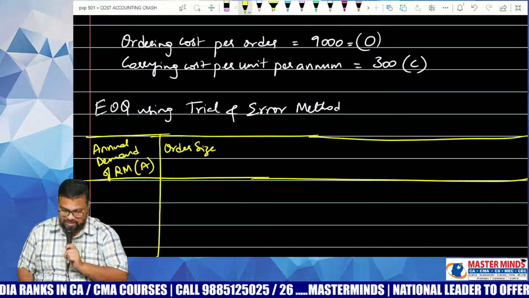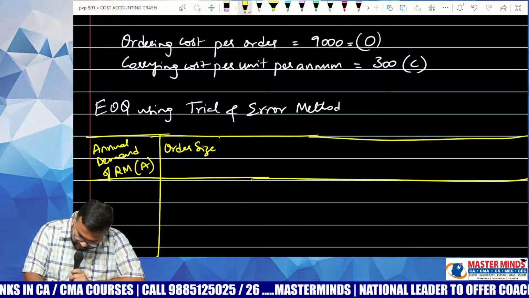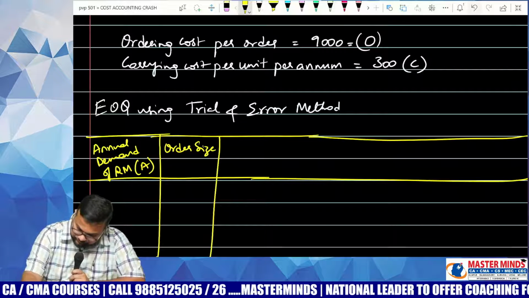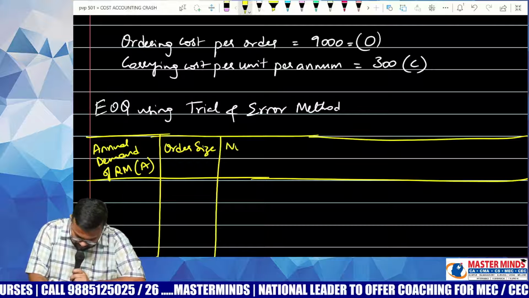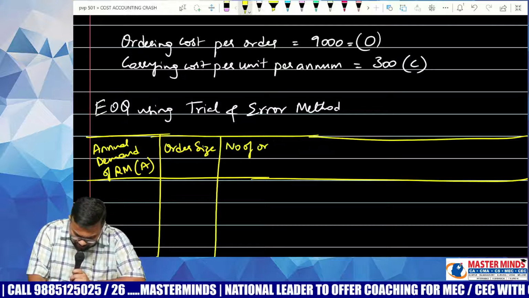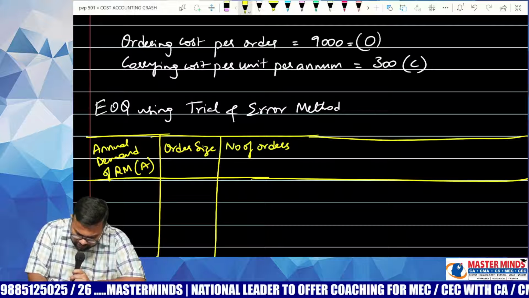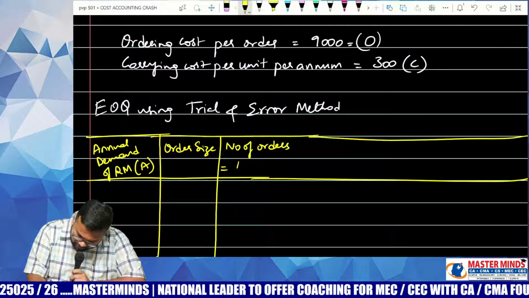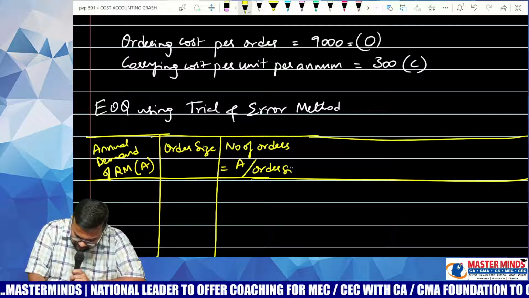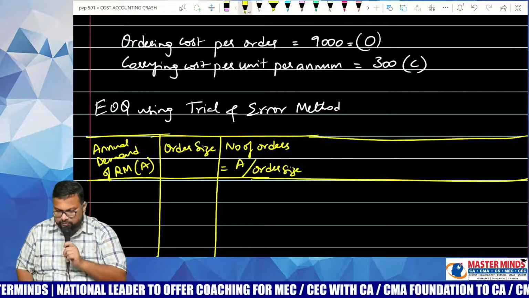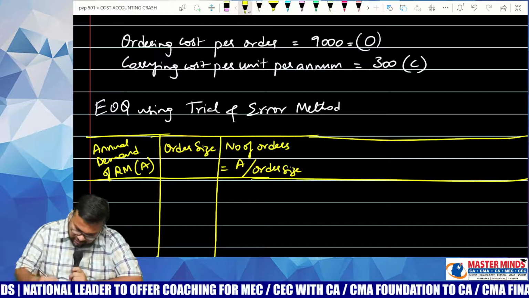Next one will be number of orders. How will you calculate number of orders? It is nothing but A divided by order size.